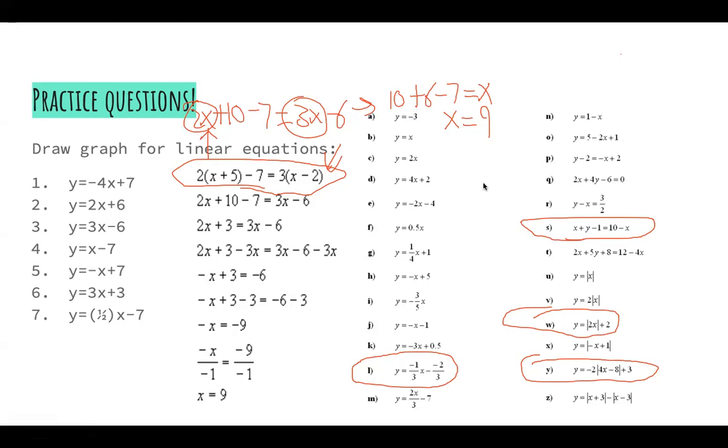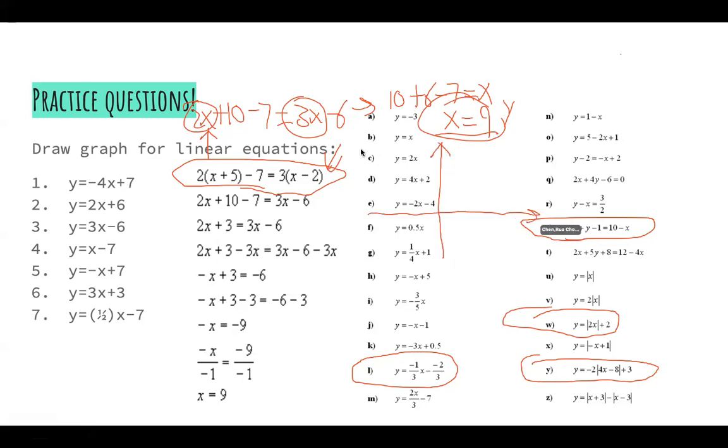And then we know x. We know the equation is x equals 9. Since in this equation there is no y, there is no change on the y. So the answer is obvious.